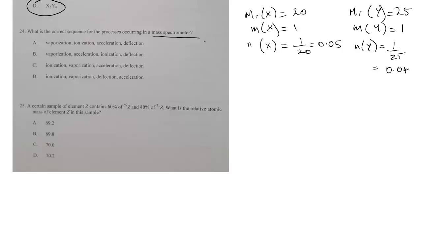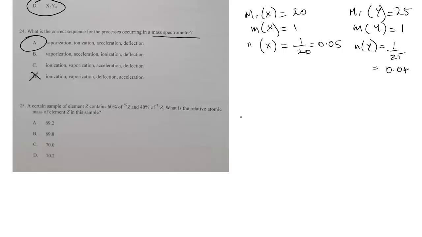Then it accelerates, and then the separation occurs. So deflection should be the very last thing, so it's definitely not going to be D. Vaporization, ionization, acceleration, deflection. It looks like it's A. That's just a definition of what the mass spectrometer does.